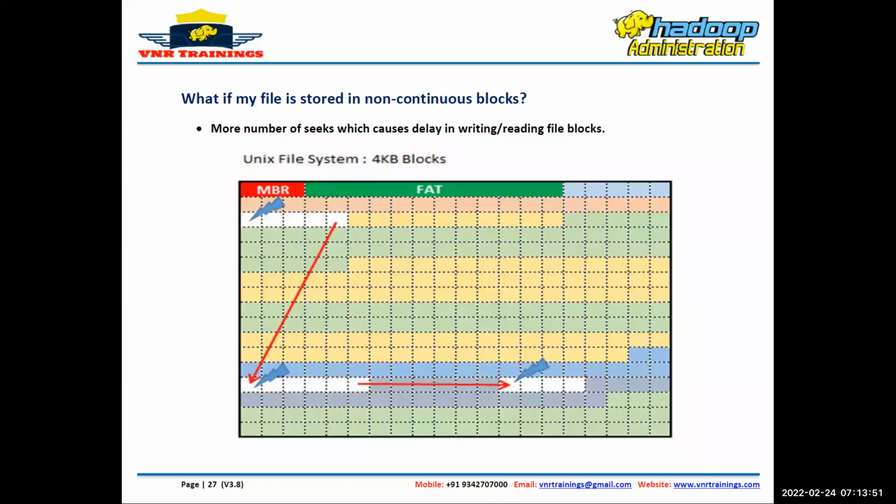So this creates more number of seeks, which causes delay in writing or reading the file blocks. So it's a seek time issue. Understood? So this is what we have seen.